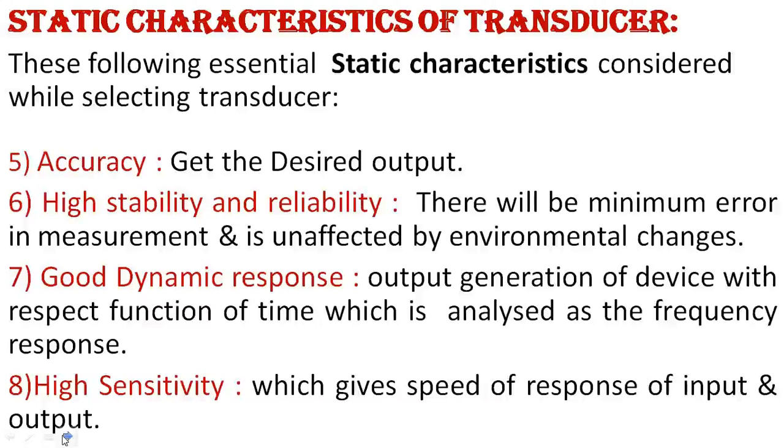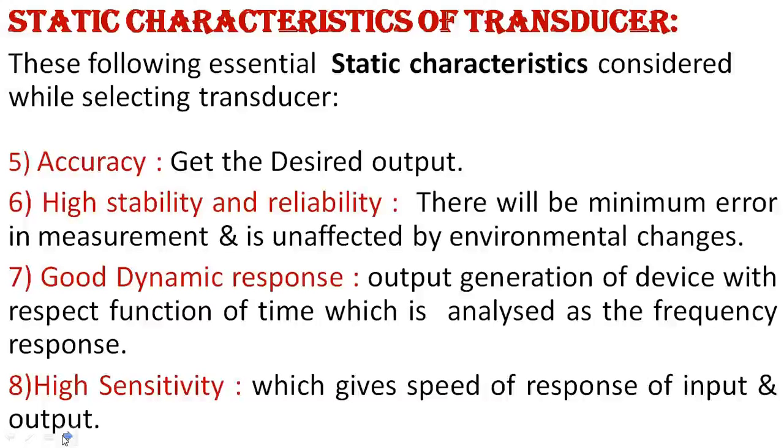The next one is high stability and reliability. If you get a stable output, then that system is stable. There will be minimum error and minimum noise in the measurement system, and it is unaffected by environmental changes. So these two parameters, stability and reliability, are very important when we measure using a transducer.